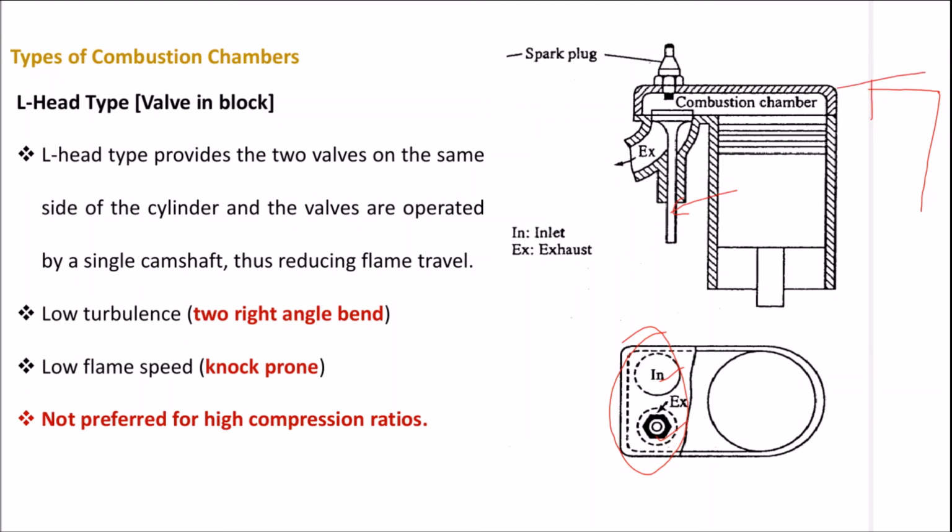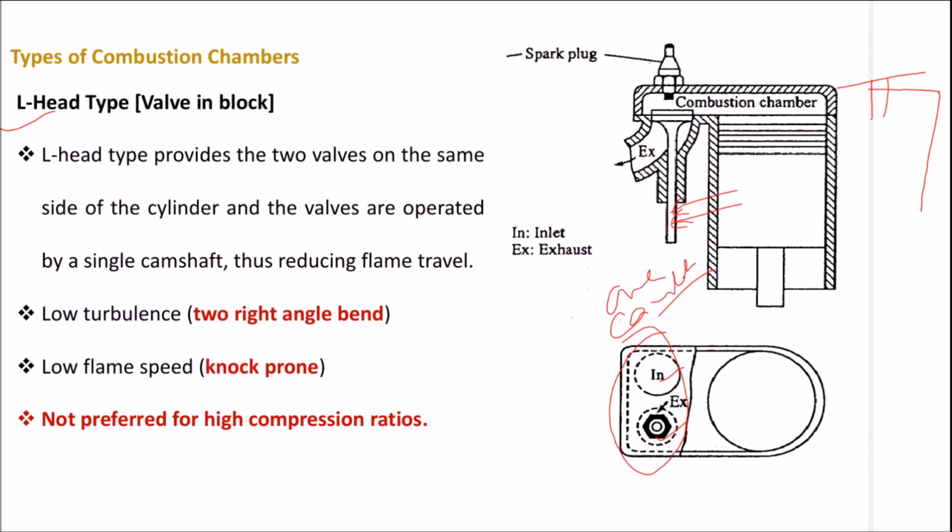Clear? As you know, in T shape you require two camshafts to operate the inlet valve and exhaust valve, but in the case of the L head type you require only one camshaft. One of the disadvantages will be resolved.